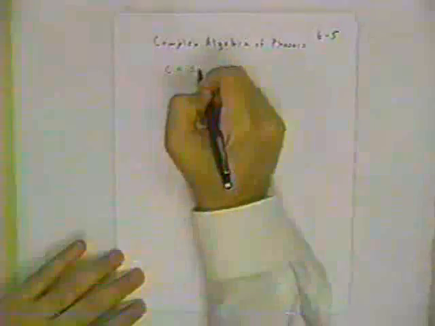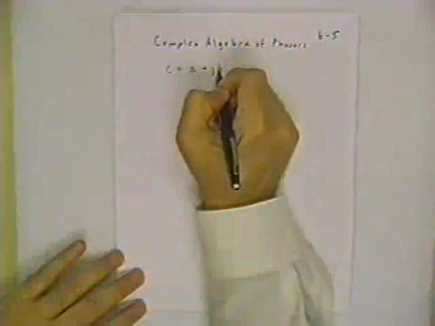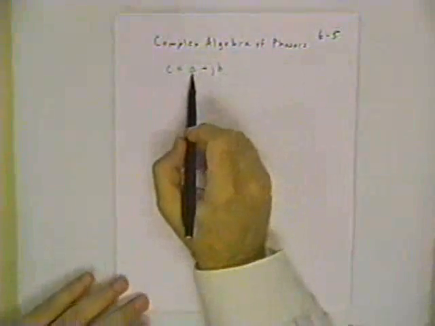In using phasors in circuit analysis, we're going to have to be able to add them, subtract them, in some cases multiply together, do an operation called conjugation. So to set the stage for all of that, I want to review in just one sheet all of the algebra of complex numbers that you need to remember for this test. Starting off with the basic complex number, which has two real number components.